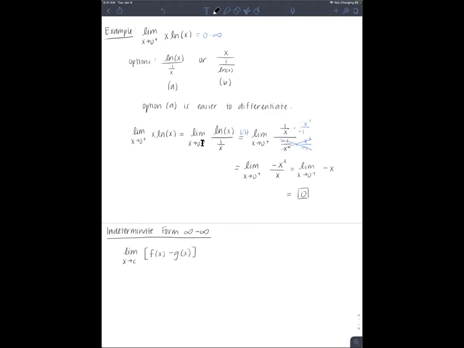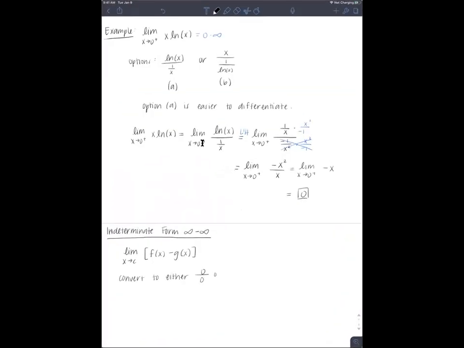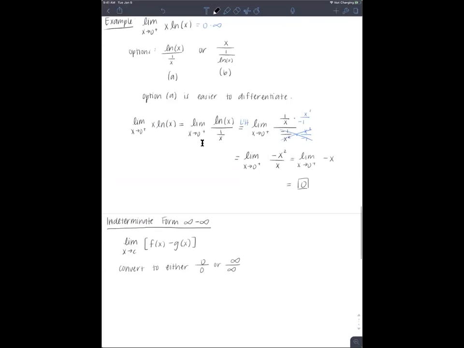And so what you want to do is convert to either 0 over 0 or infinity over infinity by either using a common denominator, rationalizing, or factoring out a common factor.